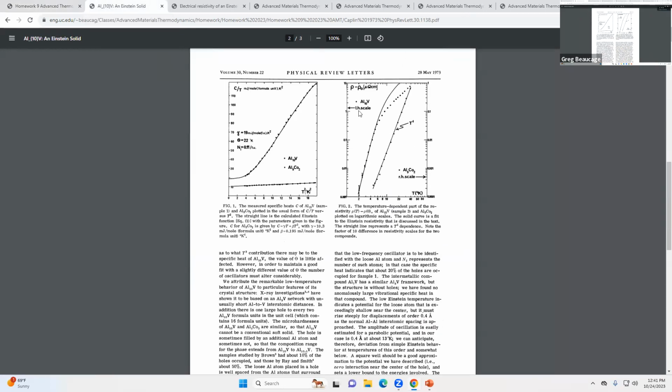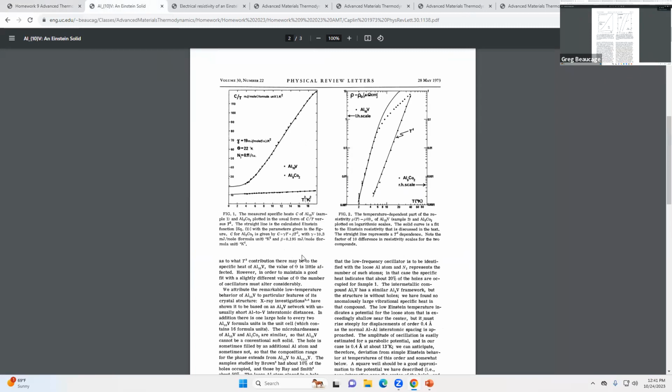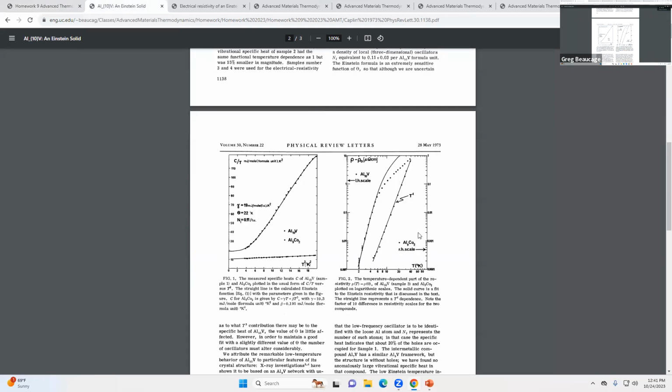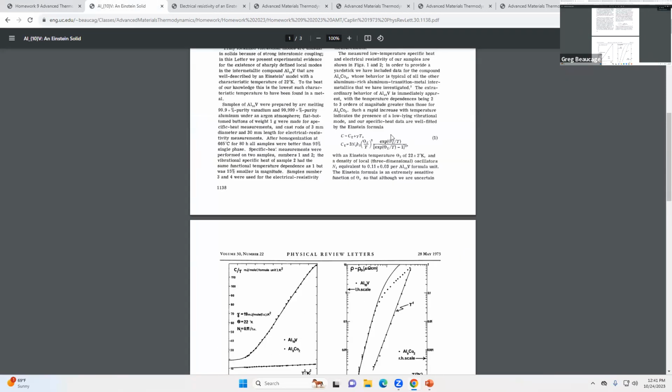This equation is plotted here, right? So this is CV divided by t versus t squared, from this equation 1. He's got CV divided by t, and CE depends on this function, but if it was a Debye, it would depend on t cubed here.